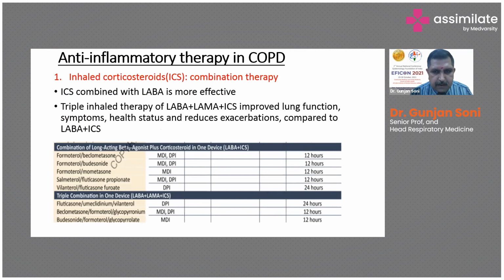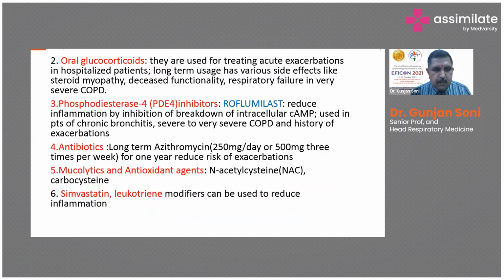Inhaled corticosteroid combination therapy is more effective and it improves the lung function and the health status and reduces the exacerbation as compared to the LABA and the LAMA. So a triple combination of LABA, LAMA and the ICS should be used in the patient of group E. Now, sometimes we use an oral glucocorticosteroid.